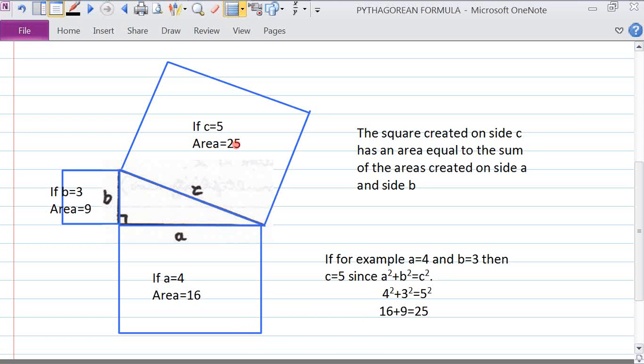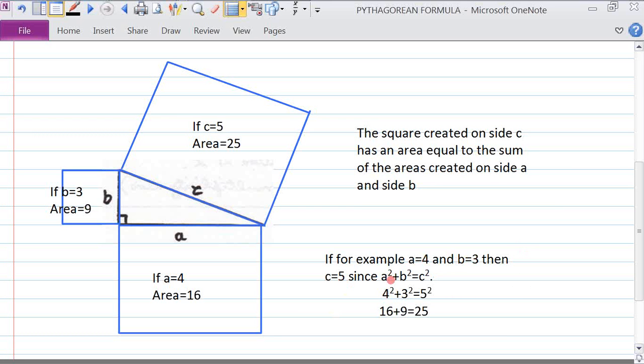Notice that 25 equals 9 plus 16, which is what the Pythagorean Theorem says. The square of this, 25, equals the sum of the squares of this and this. So if A equals 4 and B equals 3, then C must equal 5.